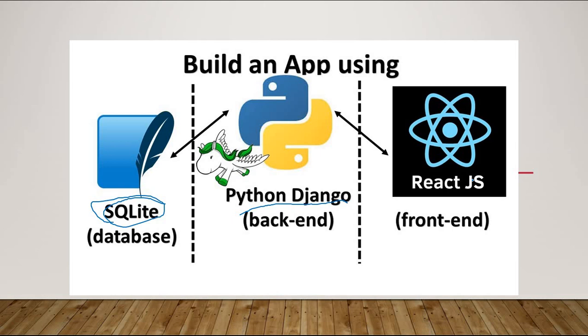You can learn this technology from scratch. It is not only for people with a computer science background. Anyone can learn these technologies, understand how the technology works, and learn how we develop full stack based applications.